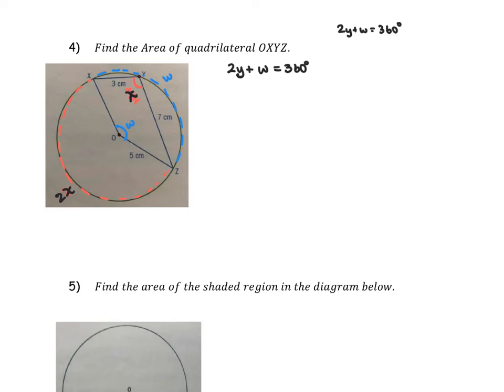Okay, and I'll do a quick erase on that. So now let's get into this. Clearly it's asking for area, so I'm going to use a formula. A equals 1/2 ab sine of C. All right, so I have to find some angles here because I've got sides. In essence, what I'm going to do here is split this into 2 triangles. So I've got the 2 sides of one triangle and the 2 sides of the other triangle. I'm going to add them together.